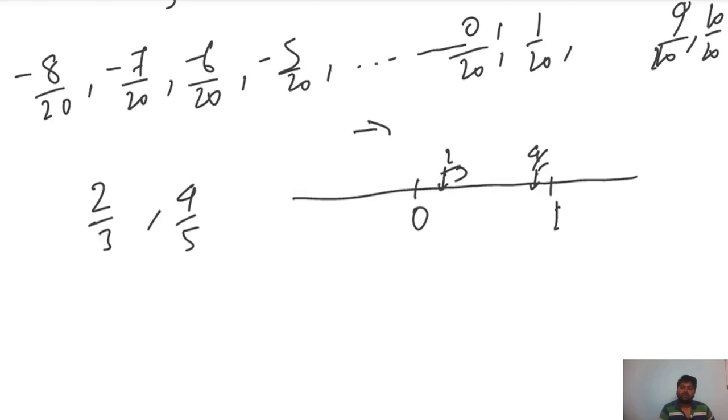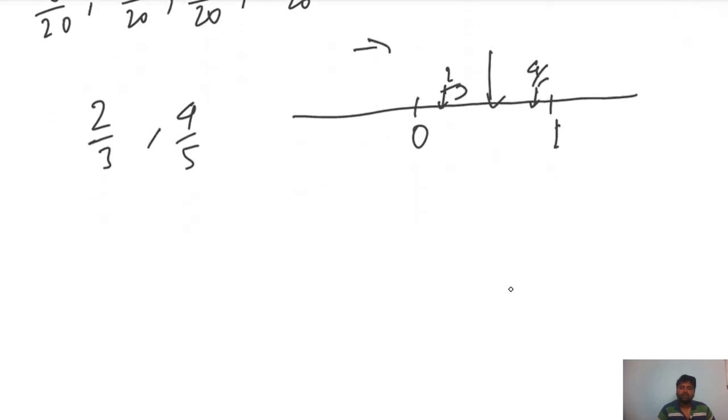First we find the midpoint of these numbers. How can we find the midpoint? We add these two numbers, 2 by 3 plus 4 by 5, divided by 2.